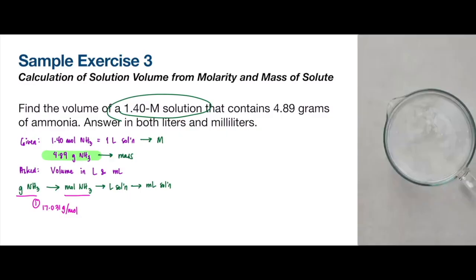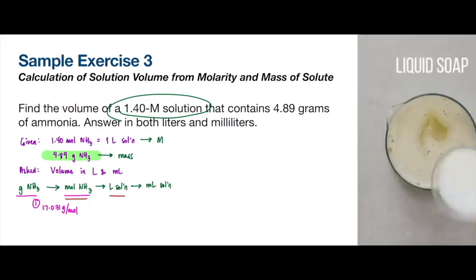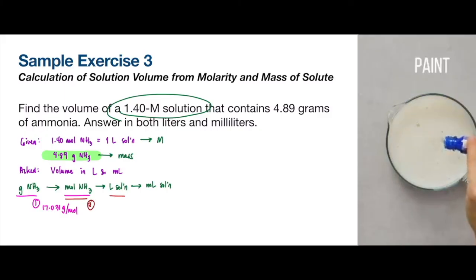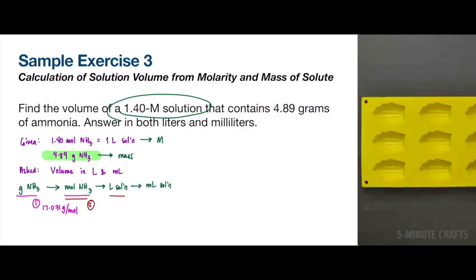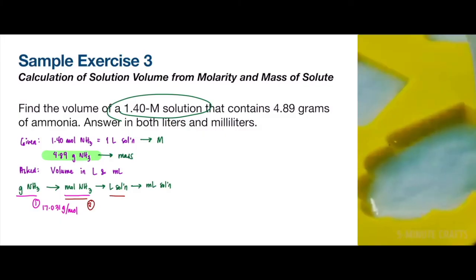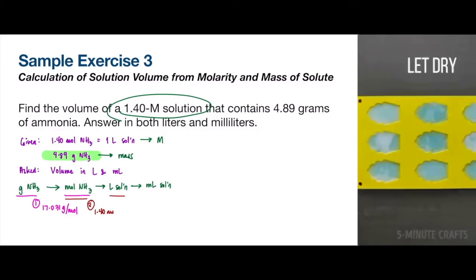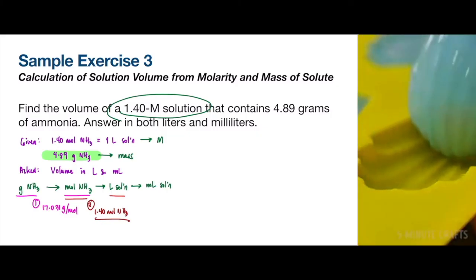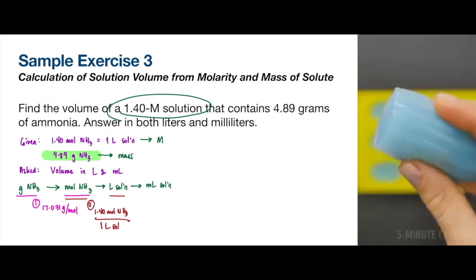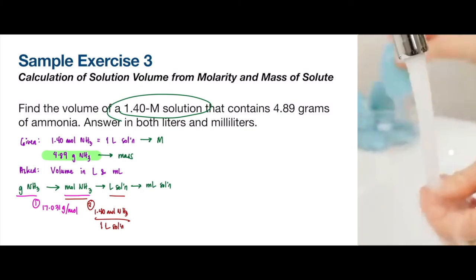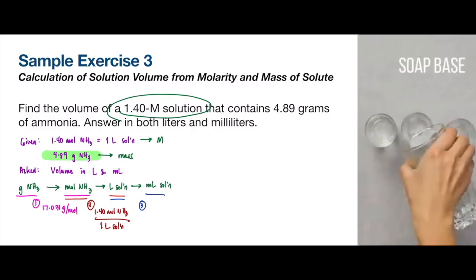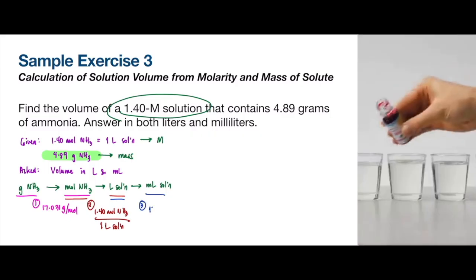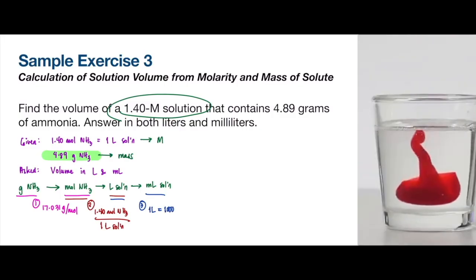Next, to convert the moles of ammonia to liters of solution, the second conversion factor is the molarity of the solution because it connects the moles of solute to liters of solution. And that is 1.40 moles of ammonia per 1 liter of solution. And lastly, to convert the liters of solution to ml of solution, the third conversion factor is 1 liter is equal to 1,000 ml.